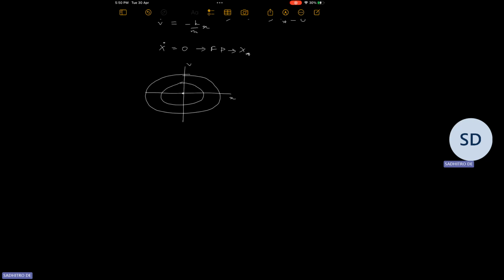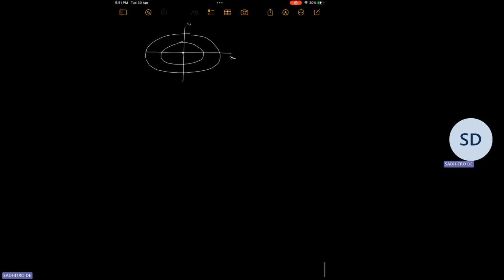So this brings us to the concept of stability of fixed points in two-dimensional systems. One thing which we had not seen in previous systems, and which is now an important definition, is the concept of Lyapunov stability.